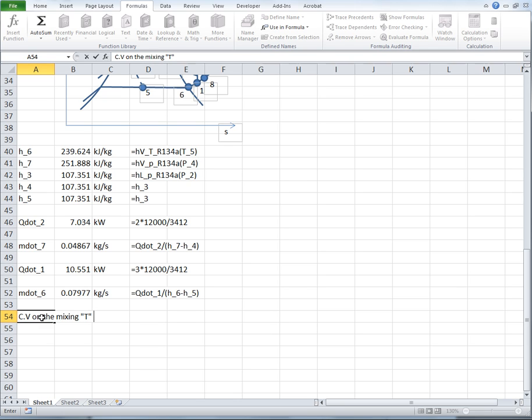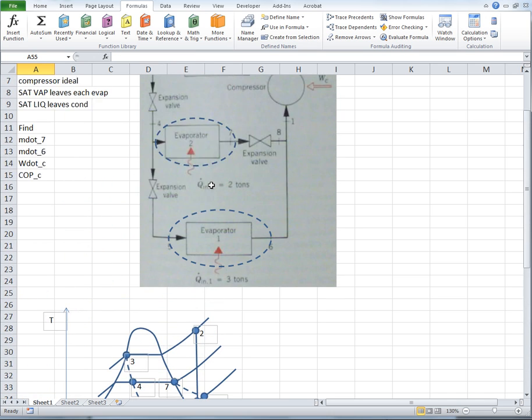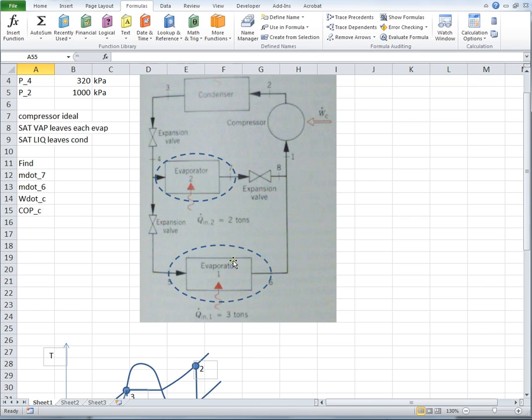I'm talking about putting a control volume right there. So we just need a small control volume, smaller still. But really, there we've got 6 coming from here, 8 coming from here, and they go together to make 1.